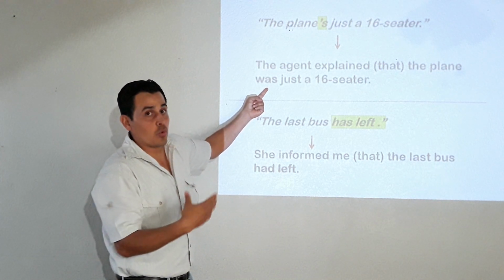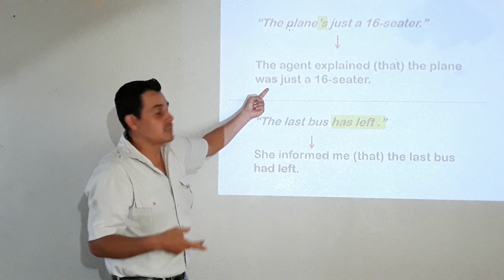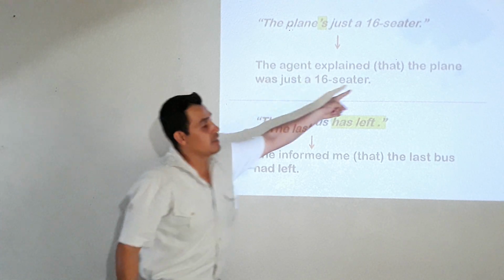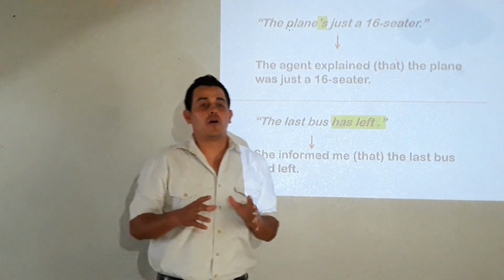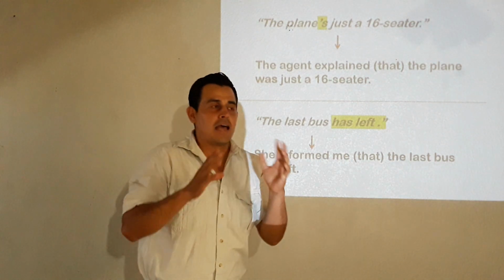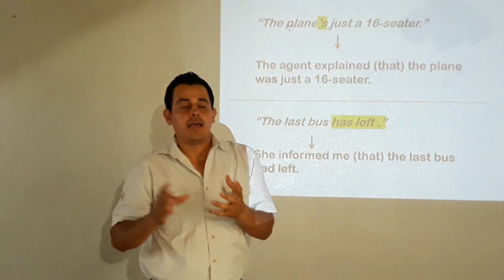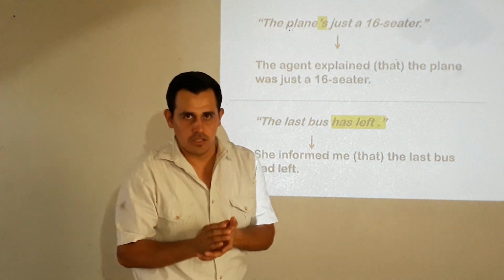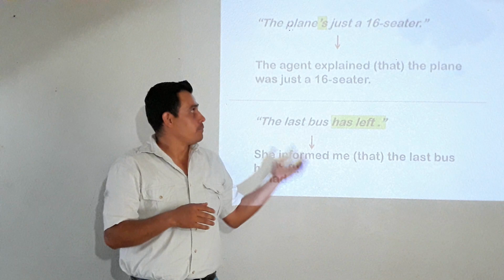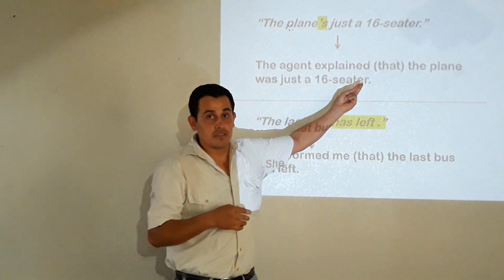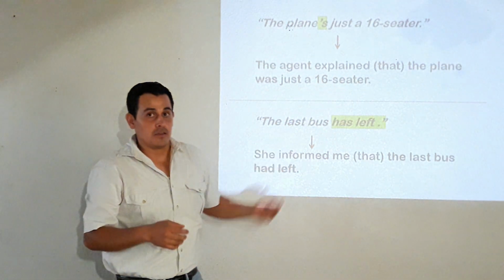And that is what the rule said. You shift the tenses. Here, that is something that they give you as something you can add or omit. And I strongly suggest that you add it. In English and in the real world, people speak with that a lot of the time.